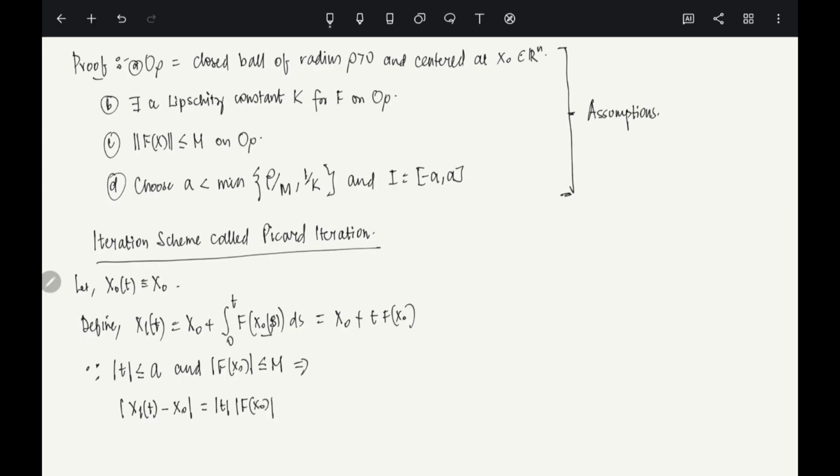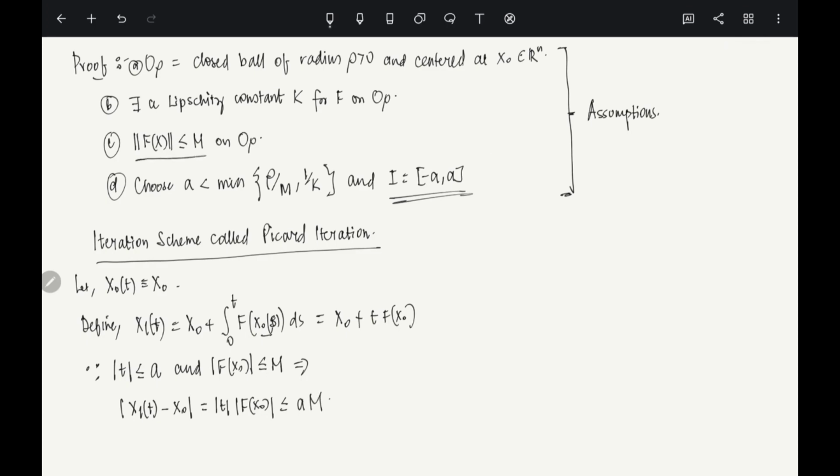This is just basic calculus. This is dominated by a because mod t is always less than or equal to a. That is given, right? I is between minus a and a, I am taking t from there, so it is always dominated by a. And f of x naught is given to be dominated by M. Where is it given?